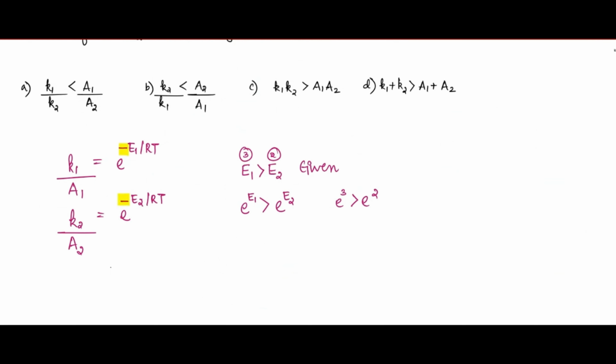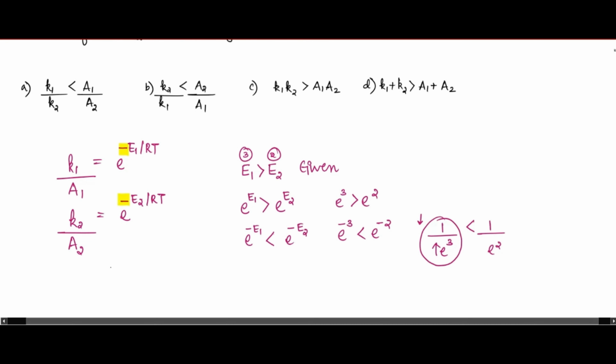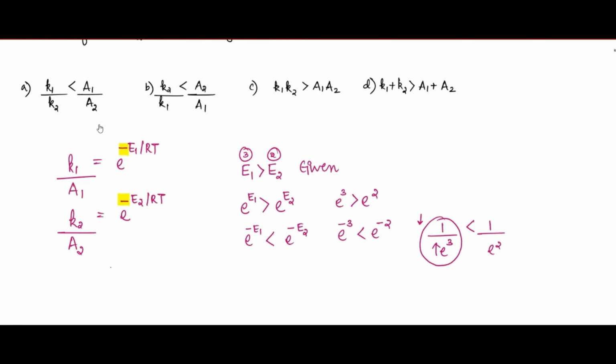So be careful, when it is negative the sign will change. For example, it will be e to the power minus 3 and e to the power minus 2. What is e to the power minus 3? 1 by e cubed. What is e to the power minus 2? 1 by e squared. So here the denominator is larger, and if the denominator is larger, the fraction as a whole decreases. Right? Is that point clear?